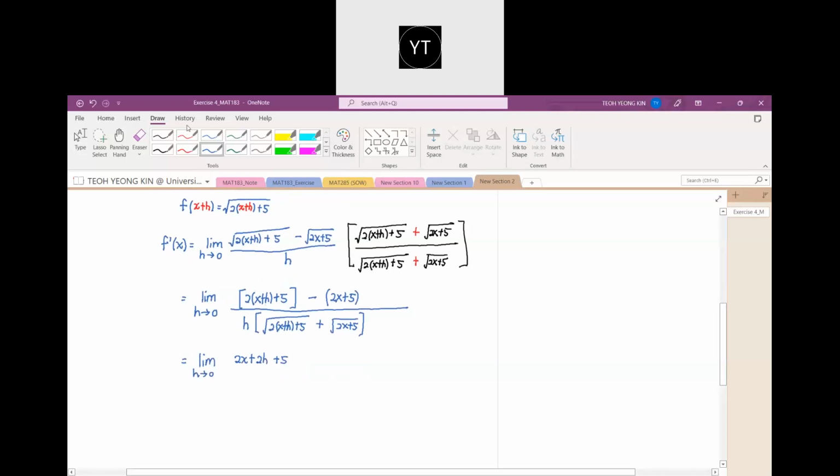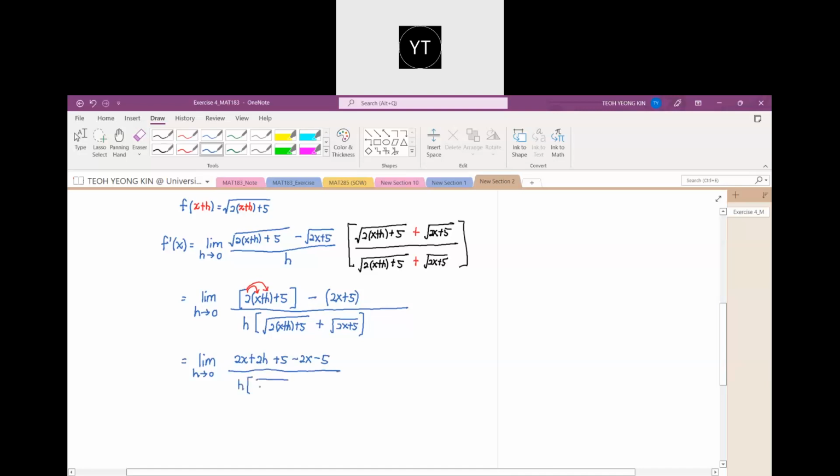This one, 2 times x, 2 times h. So 2x plus 2h plus 5. Here will be negative 2x minus 5. So be careful with the sign. Negative, positive, negative, negative, positive, negative 5. Yeah. So over here will be h.